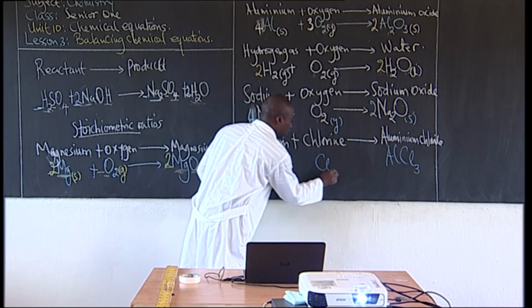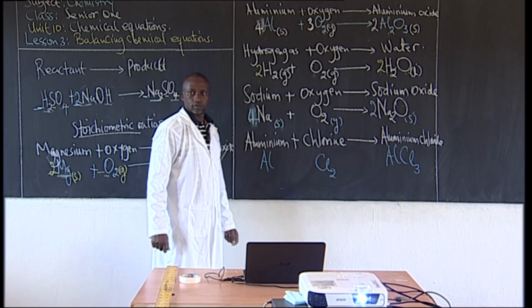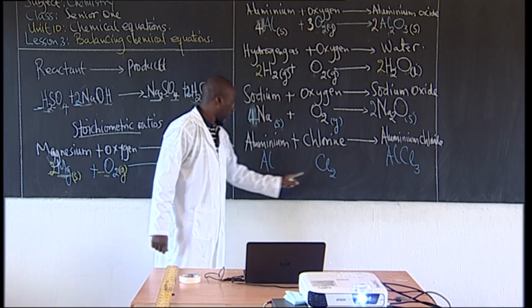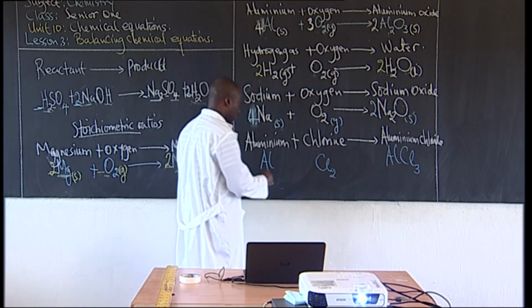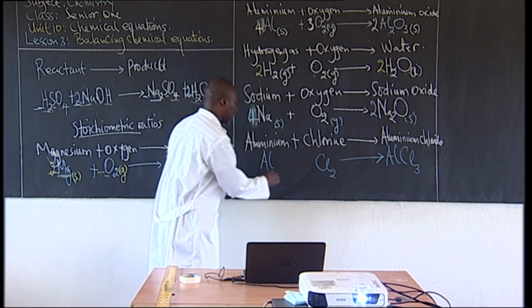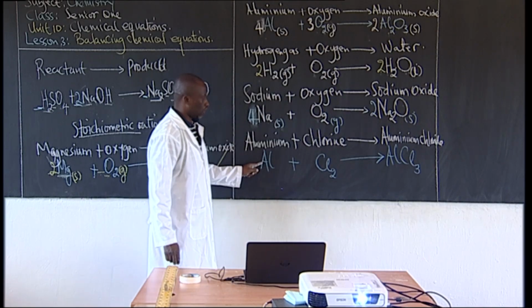So chlorine is a diatomic molecule like oxygen. So we'll have 2 for chlorine and this aluminium. So what are we going to do now? Remember, the equation must have the right and left, so we need to put this. So what happens now?